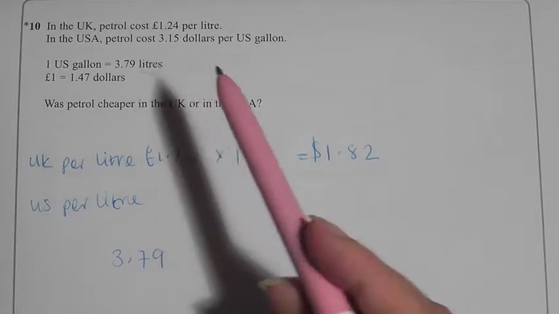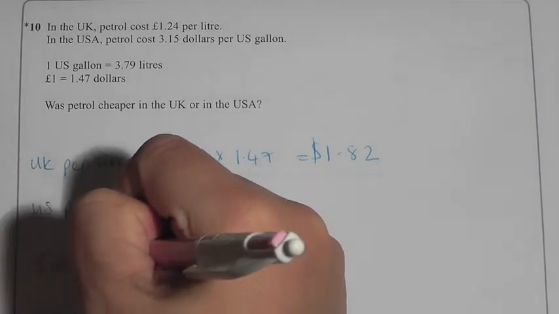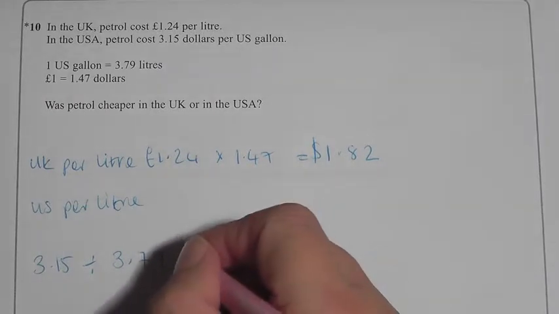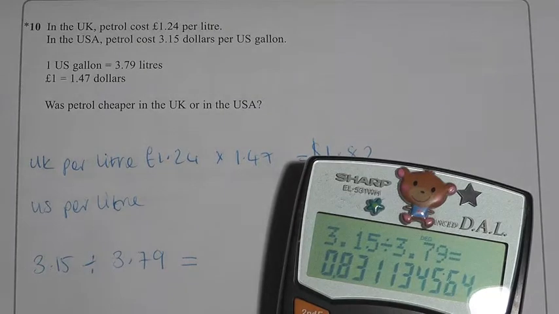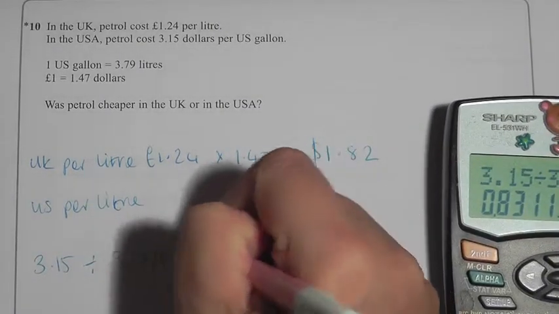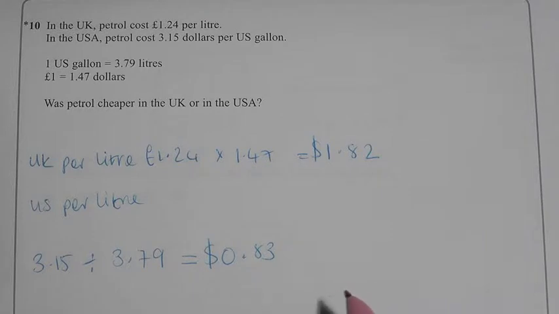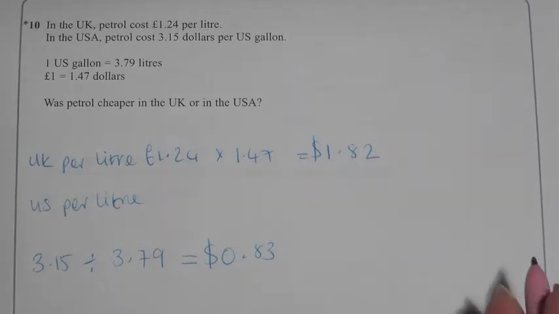Because it costs $3.15, I'm going to divide the $3.15 by the 3.79 litres you get per gallon to find out the cost per litre. So I've already done that here and it's coming out as $0.83. So from doing that comparison, you can see straight away that petrol is cheaper in the US than it is in the UK, and you need to make a statement to that effect.